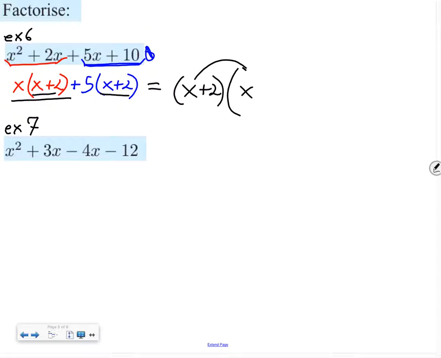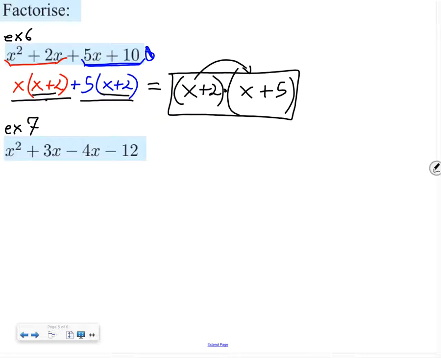So this times this will be that if I'm thinking about the reverse operation. So for the second one here, x plus 2 times what is 5 times the quantity x plus 2? Well, that's going to be a plus 5. Okay, and now I have factorized this because I have the product of two terms.